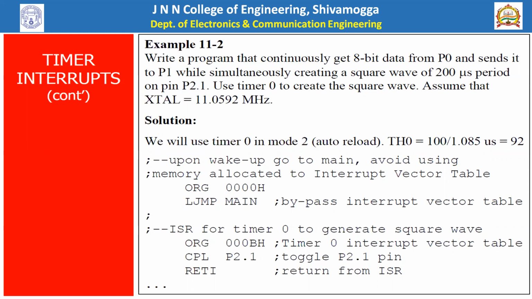So 100 microseconds divided by the clock period of 1.085 microsecond. So what should be the count? The count should be 92 decimal.